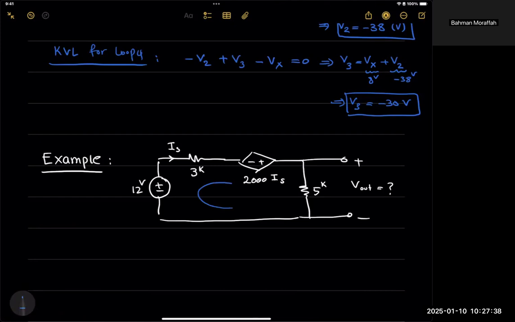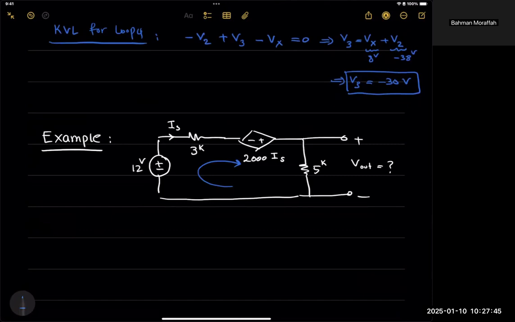Let's assume this is the direction that we have. I have minus 12 plus voltage across this 3K resistance minus 2000 IS plus voltage across this 5K resistance. Because of KVL, I know it should add up to 0. So this is basically my KVL.